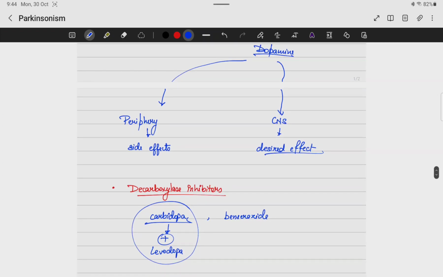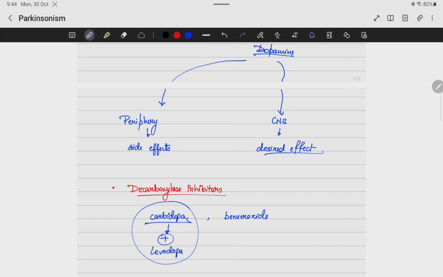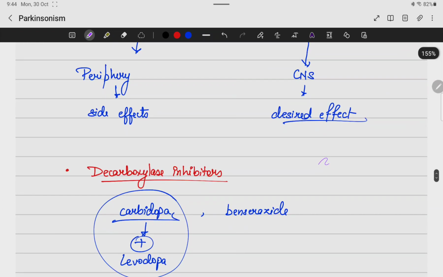Now, a really important point which I want to discuss here is that pyridoxine, your vitamin B6, is a cofactor of this decarboxylase enzyme, right? So you know that old patients suffer from Parkinson's, and most doctors prescribe multivitamins to this geriatric population.